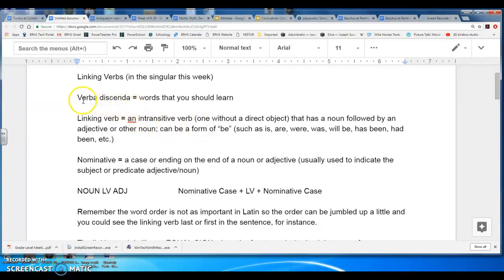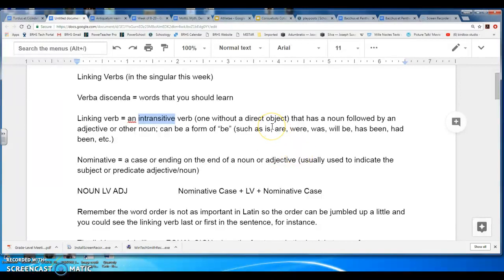So, things that you should know. Verb discenda. This linking verb is an intransitive verb. Intransitive means that it does not take a direct object. We'll talk more about that later. But right now, for all intents and purposes, it's any form of be or is.